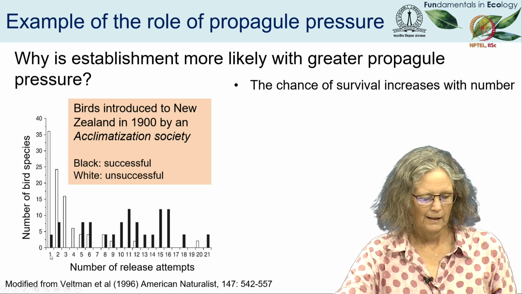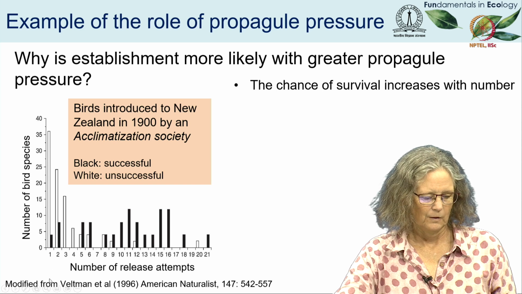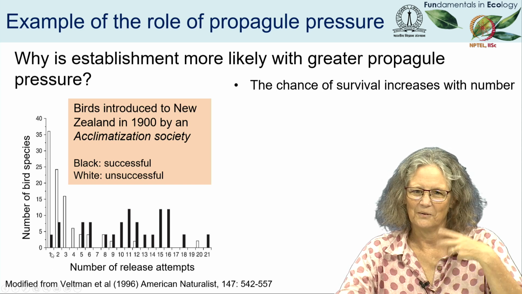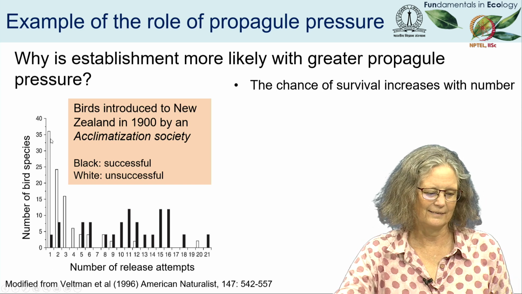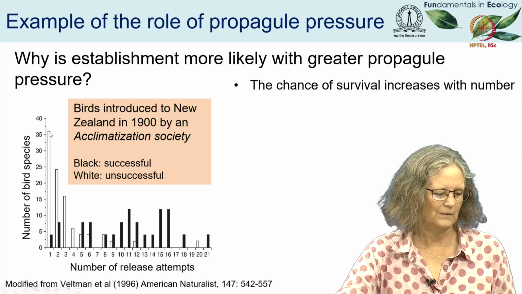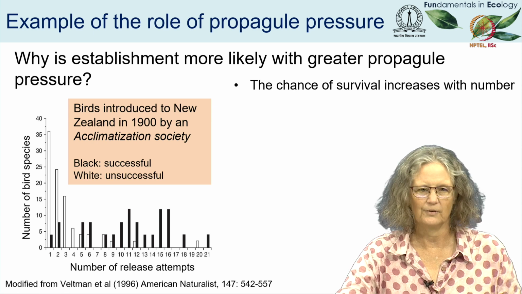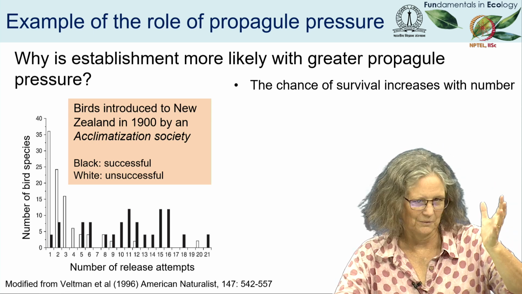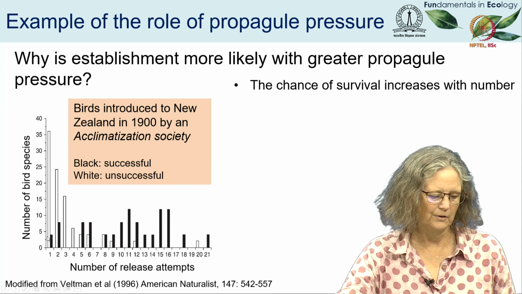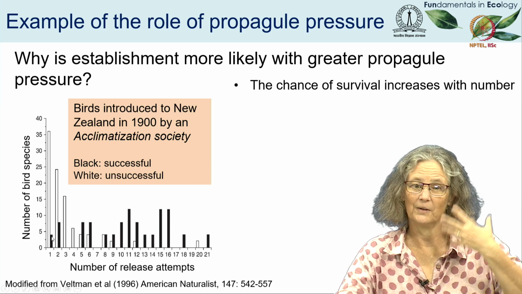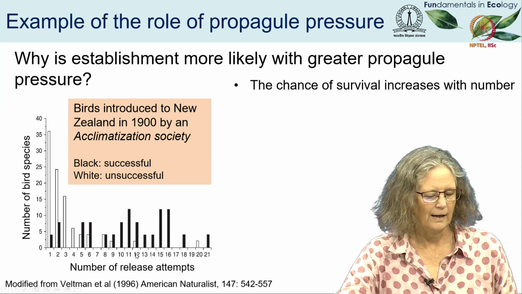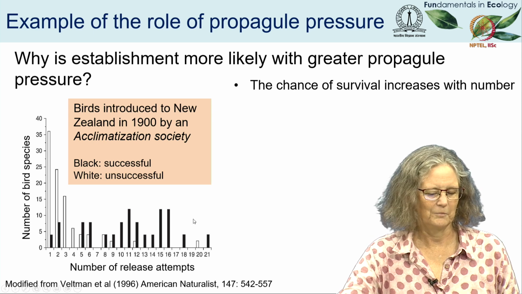For example, for many bird species they only tried to release it one time and it did not establish. That's this big bar at about 36 different bird species where they tried it one time and it didn't work, although you notice that 4 bird species, they tried one time and it did work. But as you move on, you see more and more black.